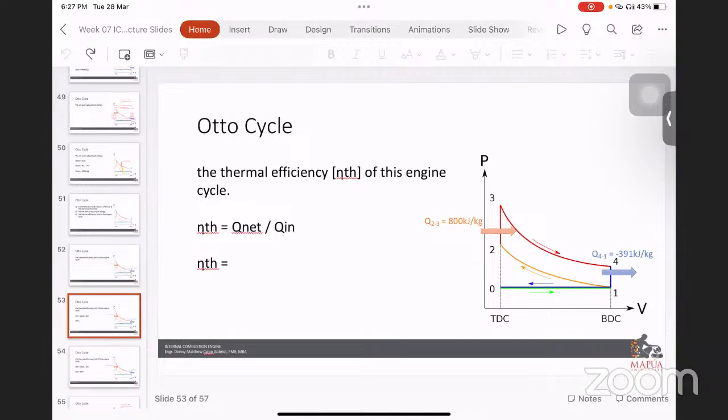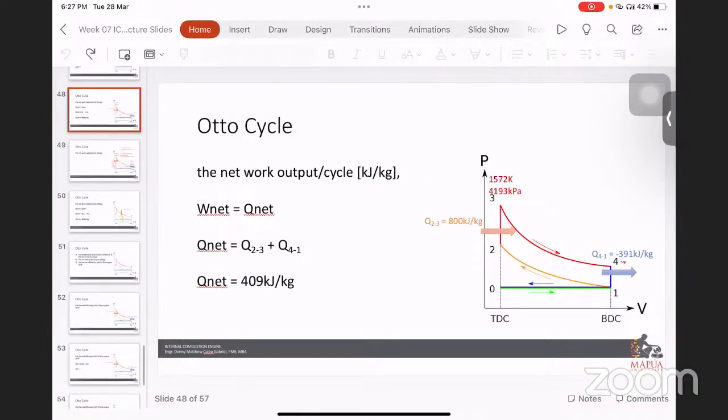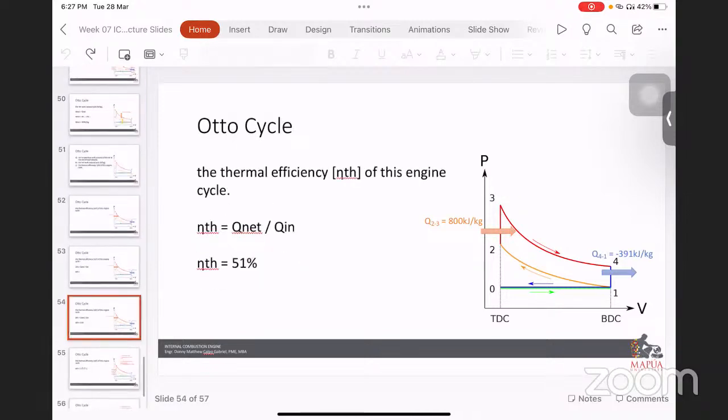Q net natin is 800 minus 391 is about 409, di ba? Ayan, 409 kilojoules per kilogram. Ang Q net natin divided by 800. So our thermal efficiency is approximately about 51%.